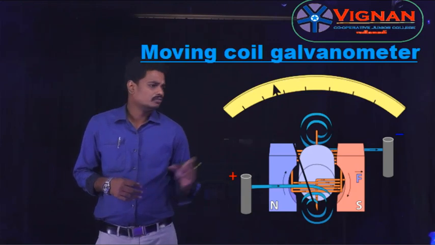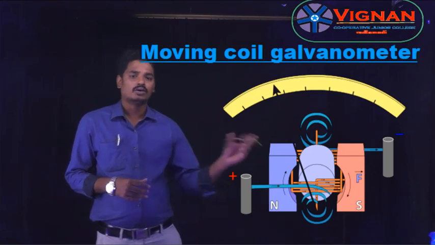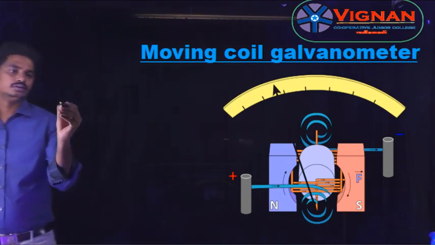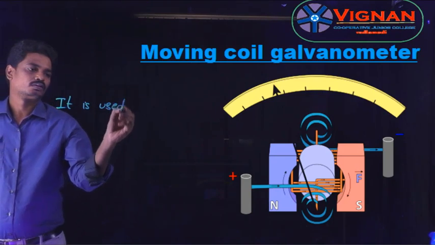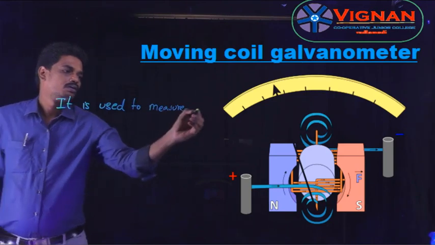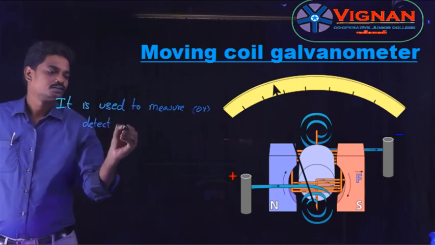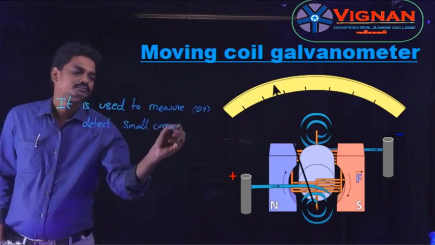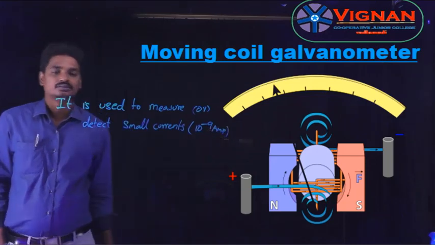So let us see why this moving coil galvanometer is used. The basic use is to measure or detect small currents, which is up to 10 power minus 9 amperes, that is nanoamperes.